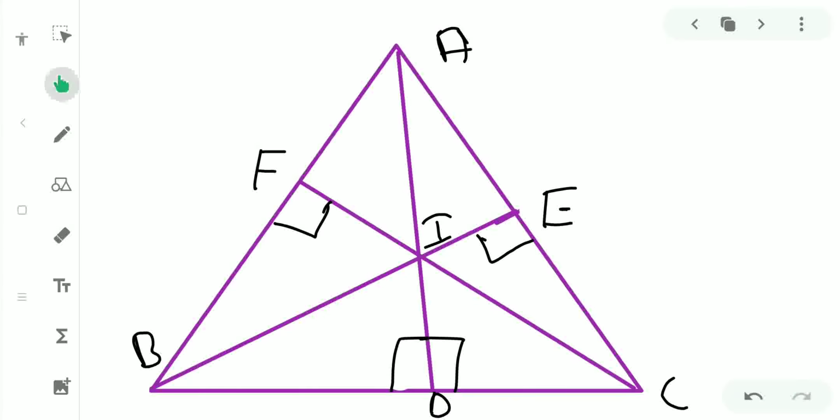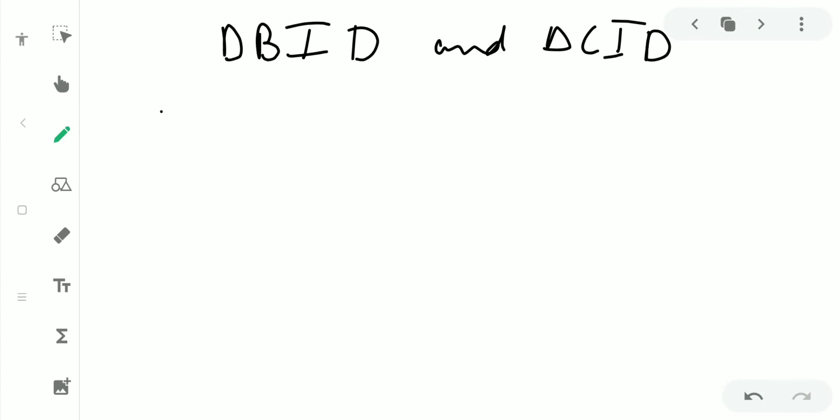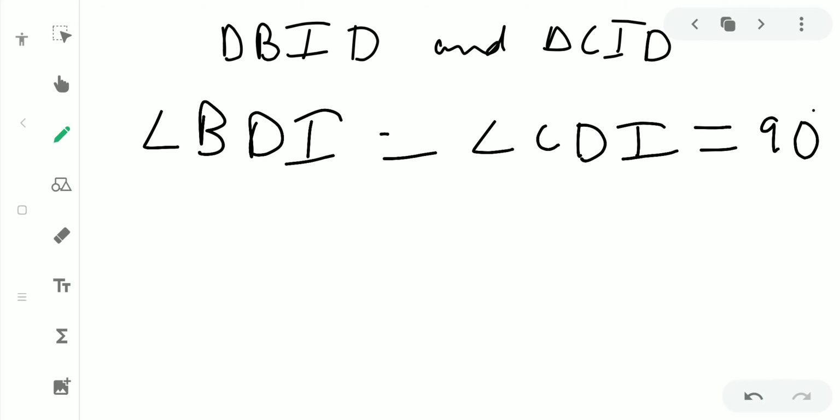So angle BDI and angle CDI will be equal to 90 degrees. Angle BDI is equal to angle CDI, which is equal to 90 degrees.